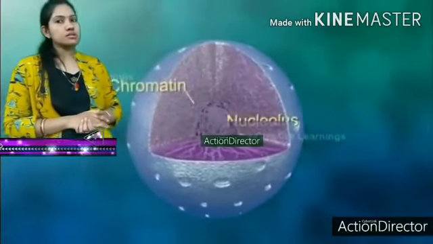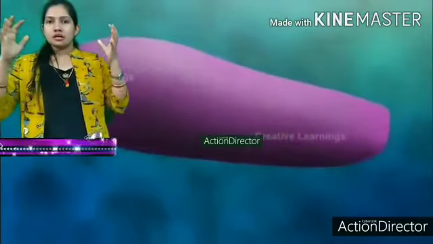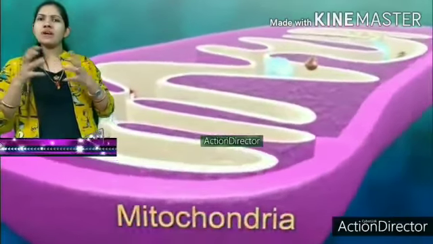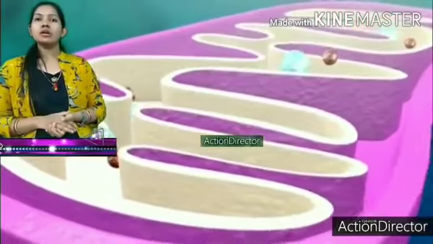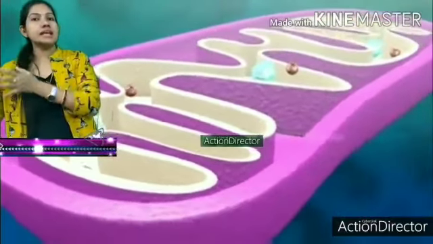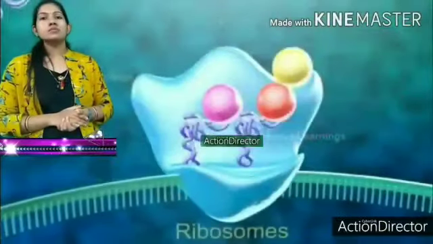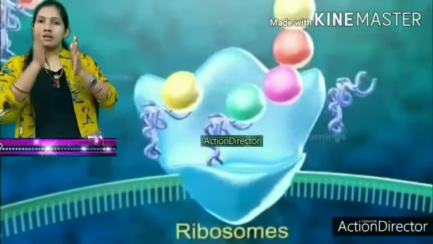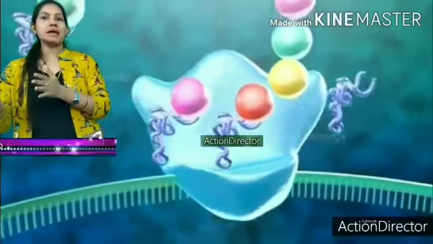Okay, so this is, students, all about the plant cell and animal cell. We have discussed the detailed structure of plant cell and animal cell. So you can now find out what structures are present in the plant cell and what structures are present in the animal cell. In our next video, we will discuss the differences between the cell organelles present in animal cells and plant cells.